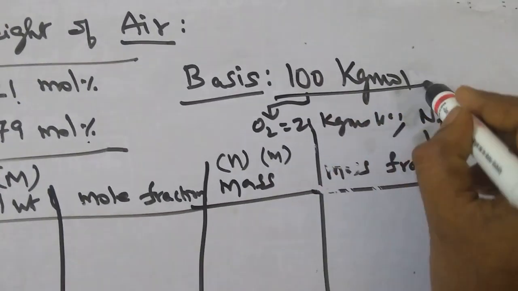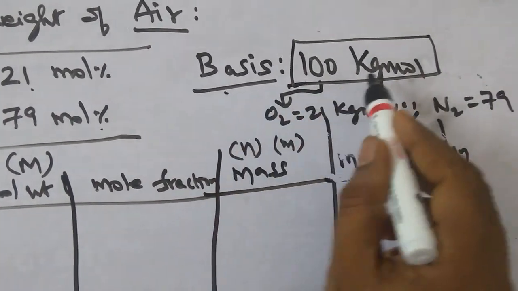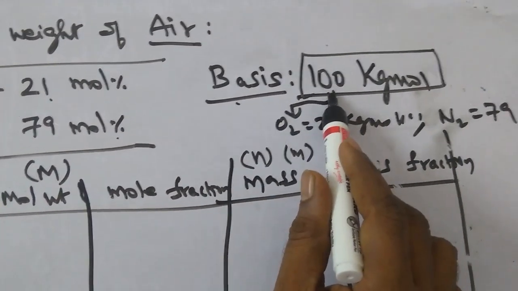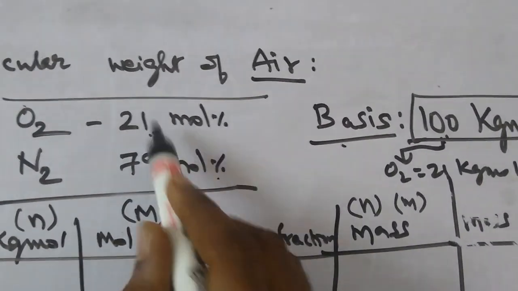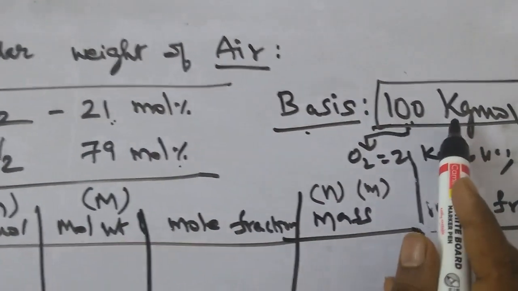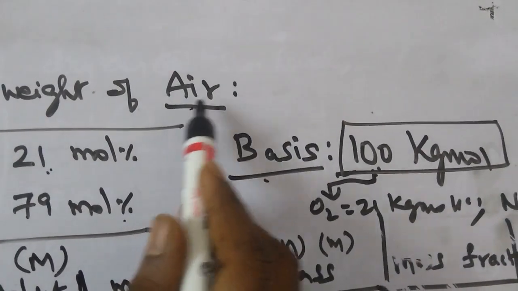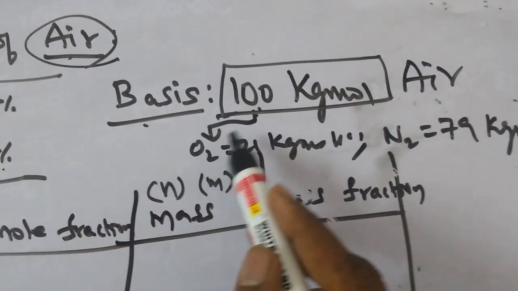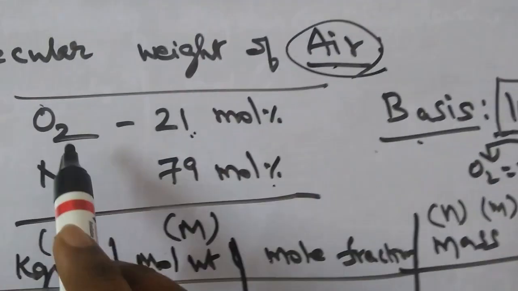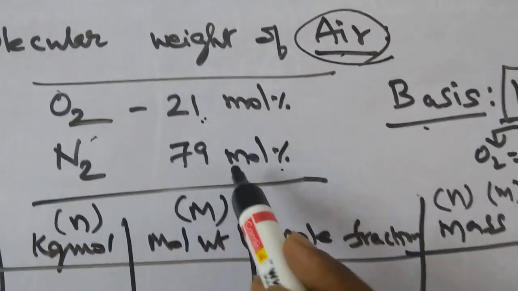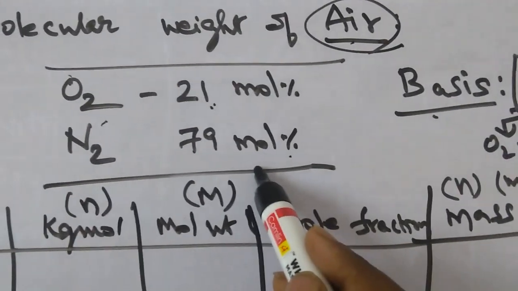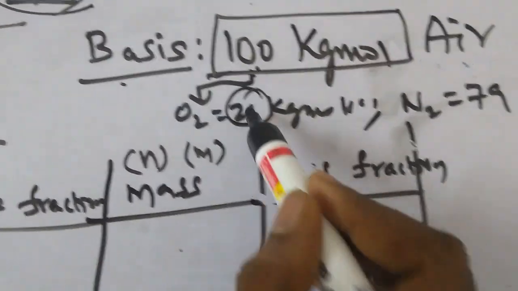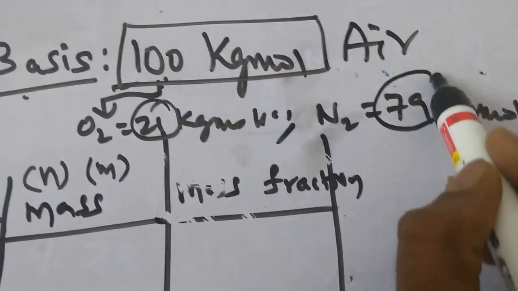It is easier to take the basis as multiples of 100, so that whatever percentage is given, that much is the kg mole. Here, 100 kg mole of air, 21 percent of 100 is 21 and 79 percent of 100 is 79.